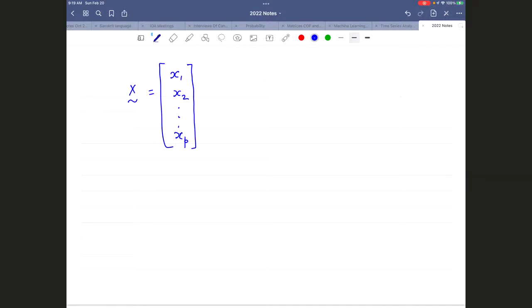Especially in the unsupervised algorithm case, sometimes I'll write it shortly like this.